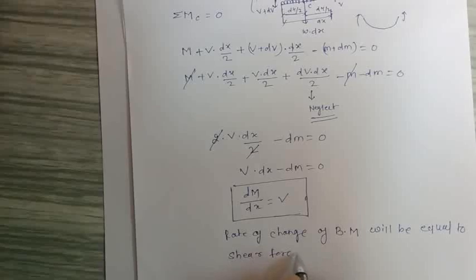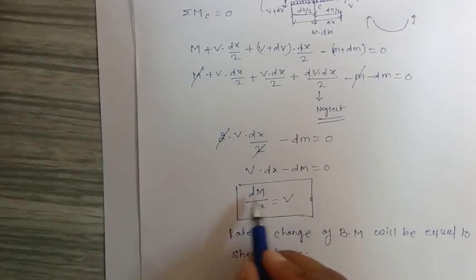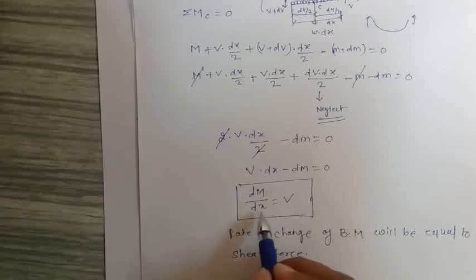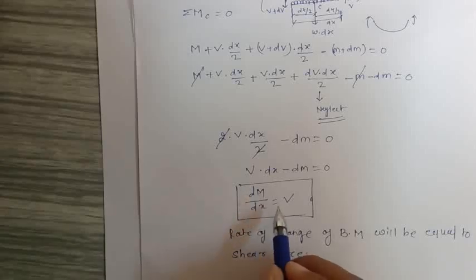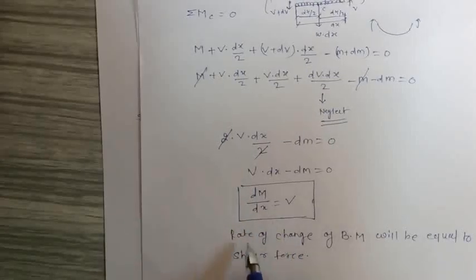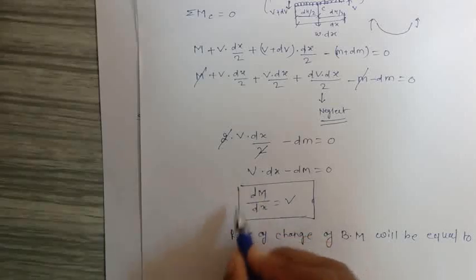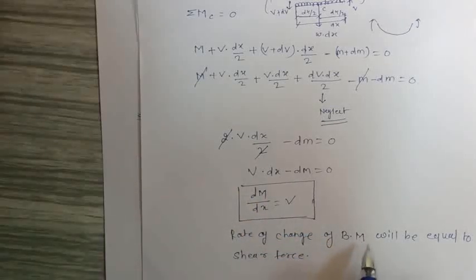Here dM by dx is the rate of change of bending moment with respect to x, equal to shear force.